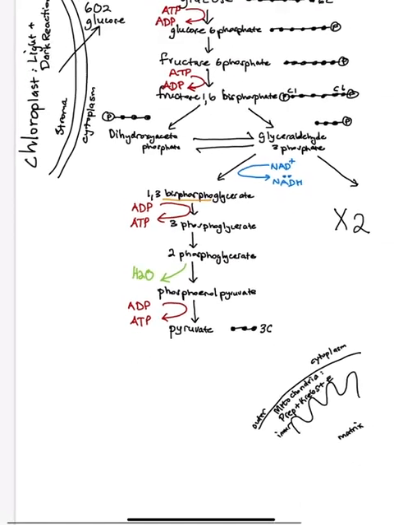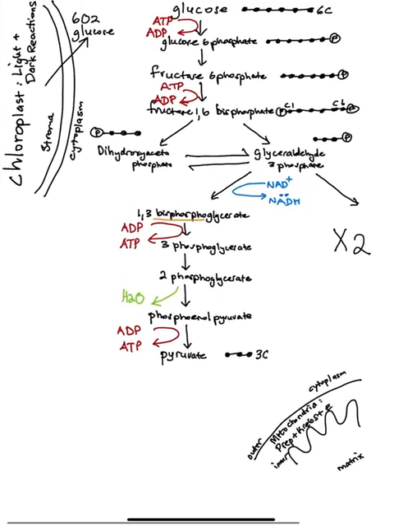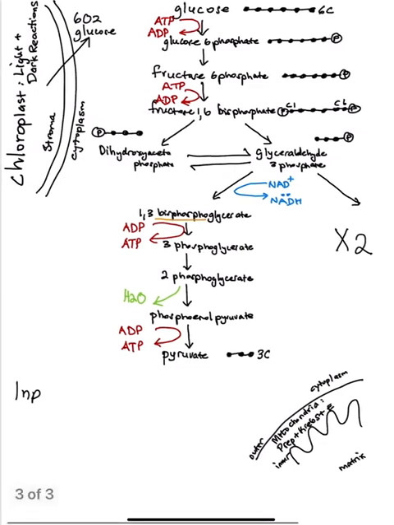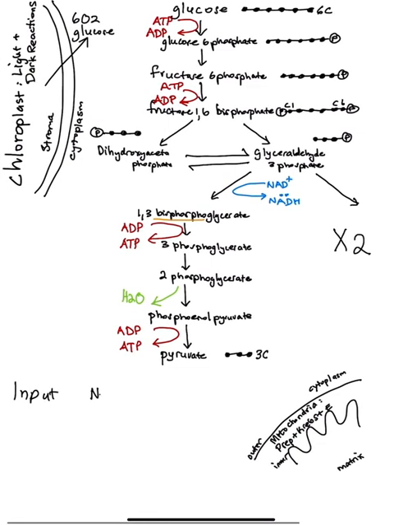To summarize, it's always a good idea to write down what is our input and our output. And we will do this in the form of net output. We do input and net output.